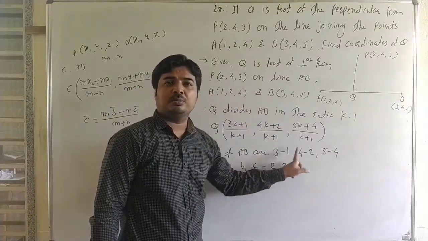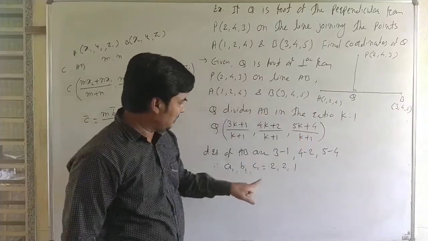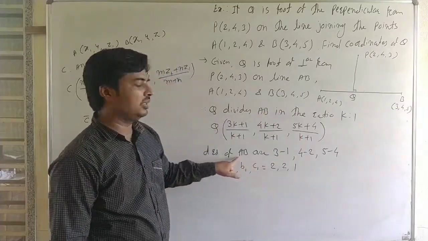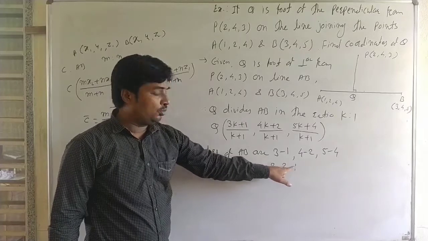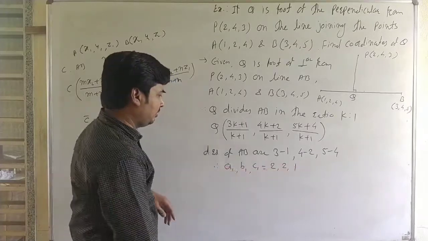So 2i cap plus 2j cap plus k cap is vector AB, and 2, 2 and 1 are the direction ratios a1, b1, c1.